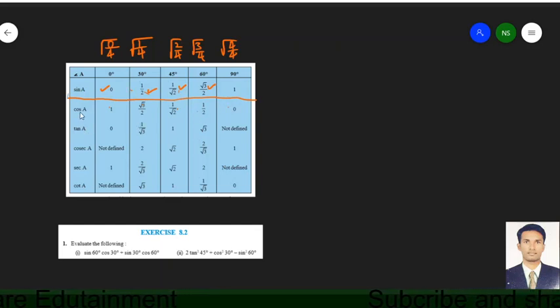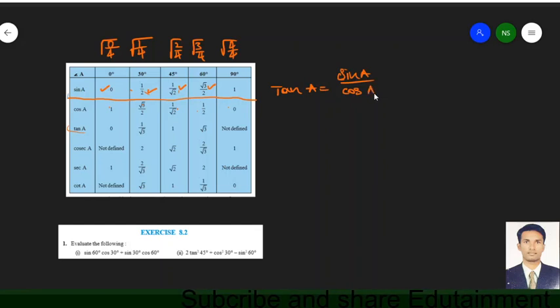After finding cos, then for tan we will follow a small trick. Tan A is nothing but sin A by cos A. If you want tan 0, sin 0 by cos 0, 0 by 1 is equals to 0.